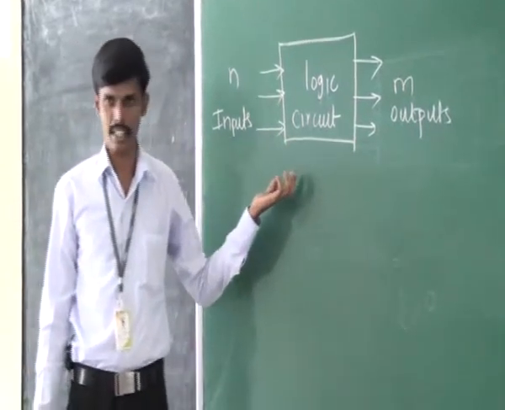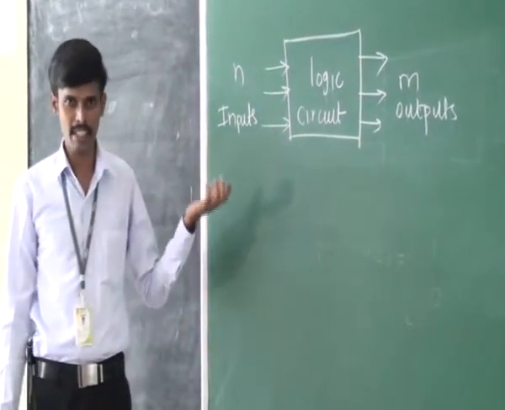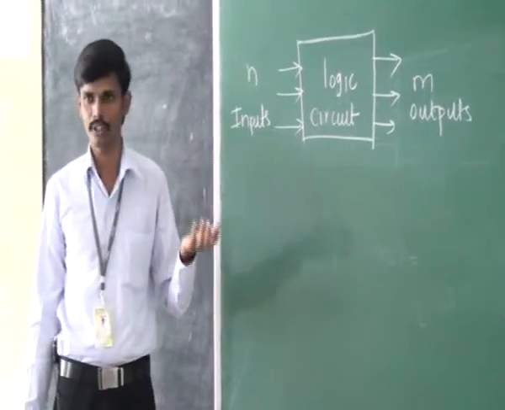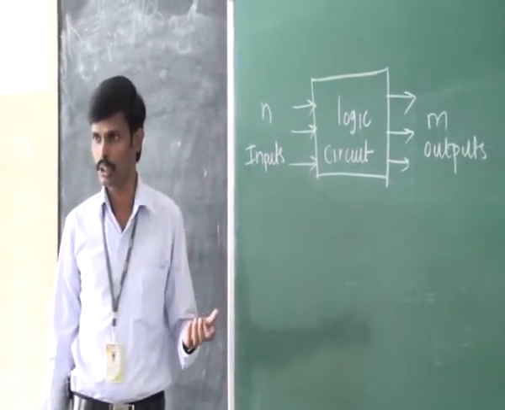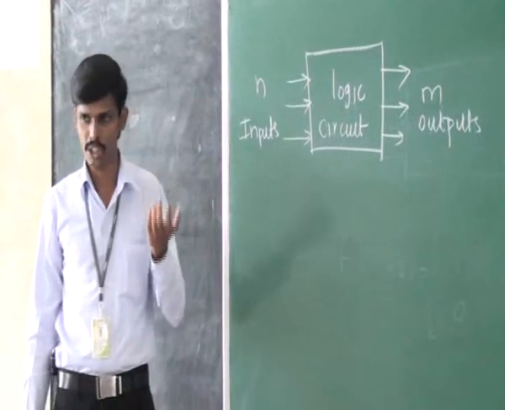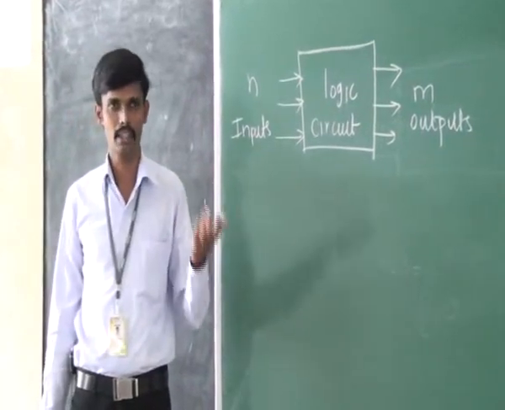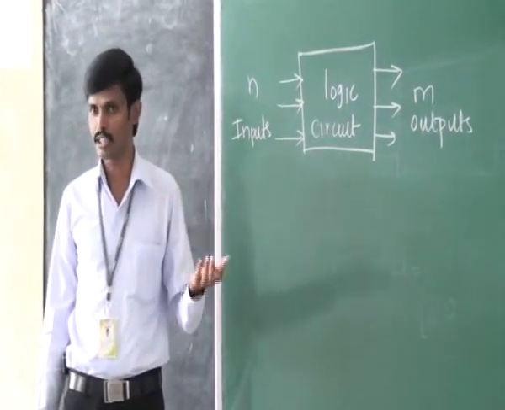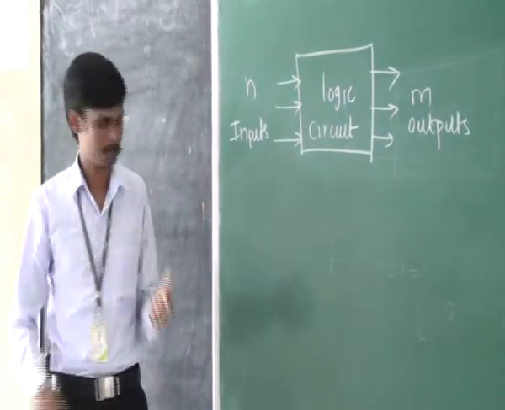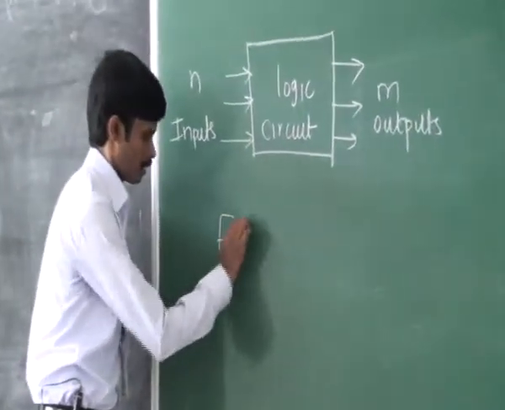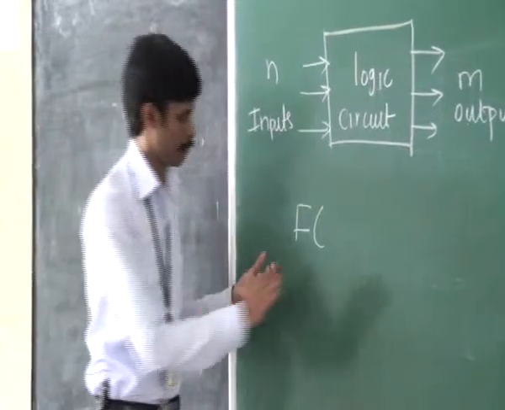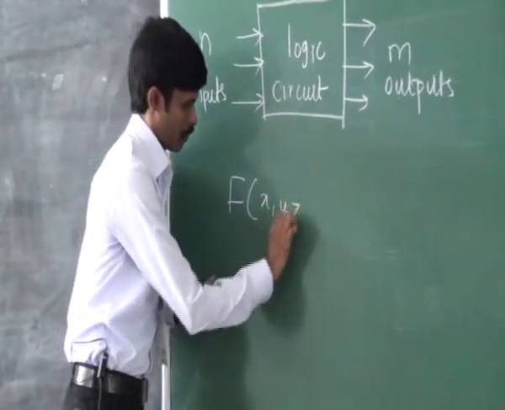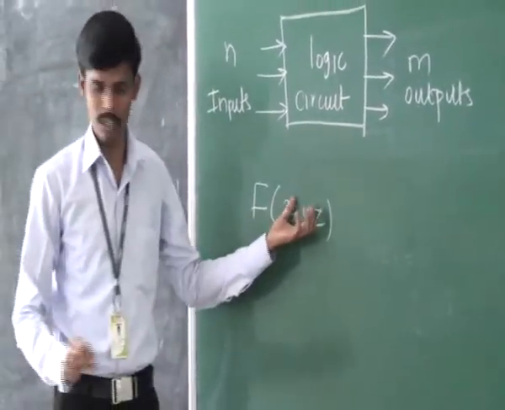First let us consider a simple problem. Design a combinational circuit consisting of 3 inputs and 1 output that will produce logic 1 output when the input is less than 3, otherwise the output will be logic 0. Let f be the output variable, and x, y, z be the input variables.